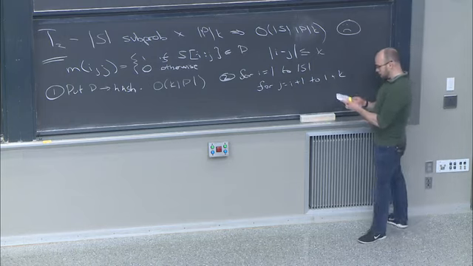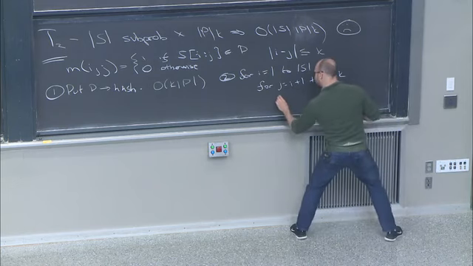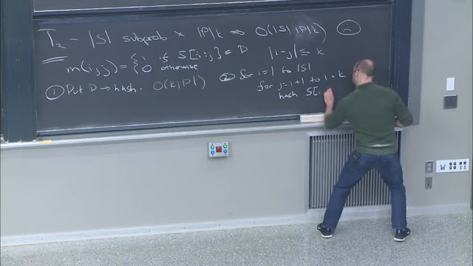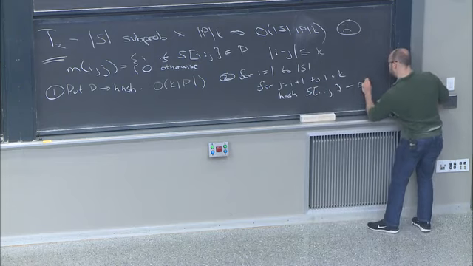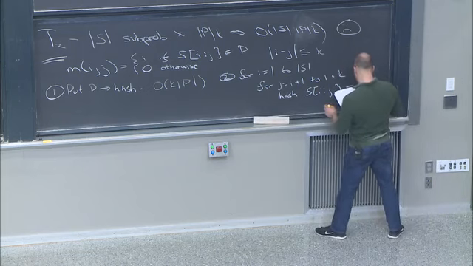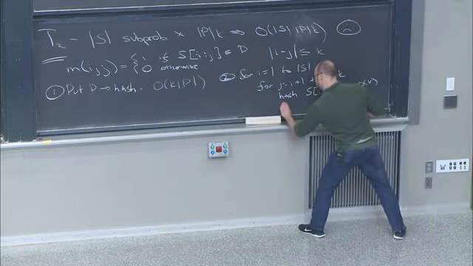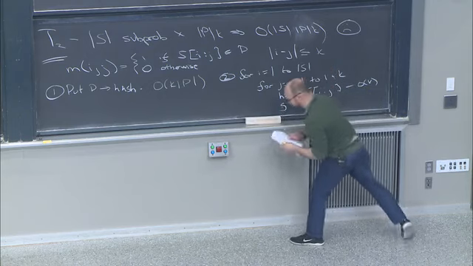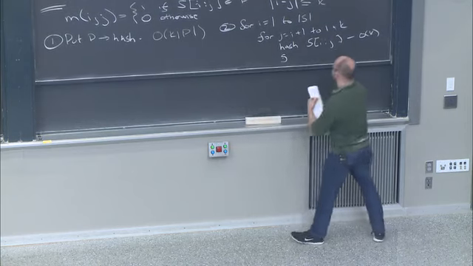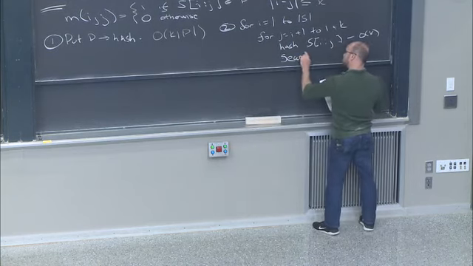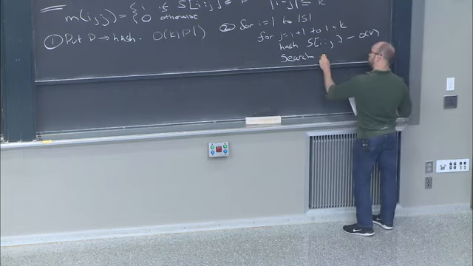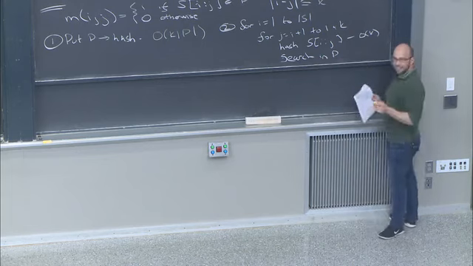And now I can do two things. I can find the hash of the string from i to j. This is going to take order k time. And I can search for it to see if it's actually in our hash table of P. And if it is, then I set M equal to 1.